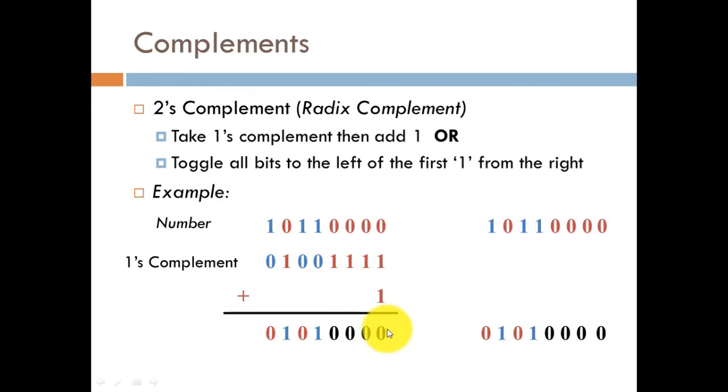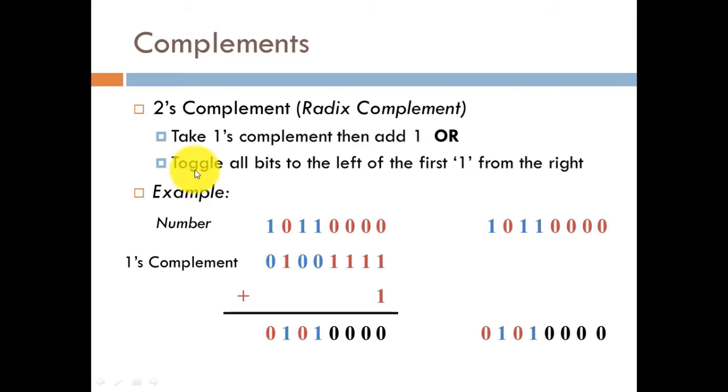So 1 plus 1 gives 0, carry 1, then 1 plus 1 again 0, carry 1, again 0, carry 1, again 0, carry 1, then 0 plus 1 gives 1, and the remaining bits carry down. This represents the 2's complement of this number.